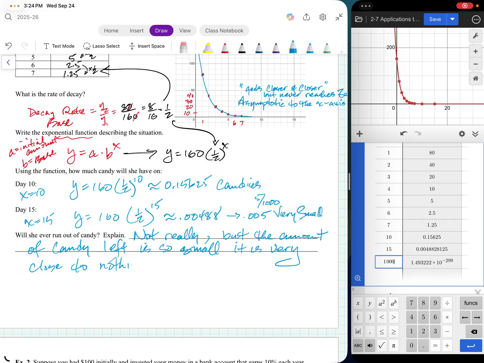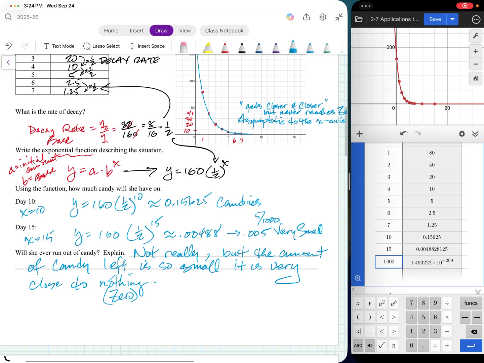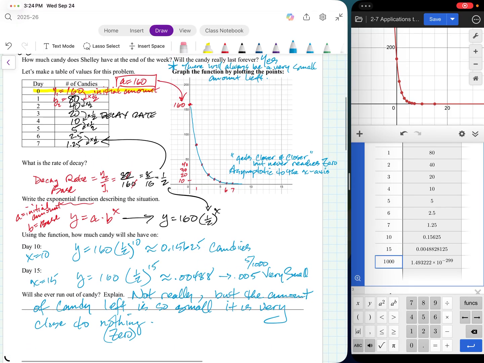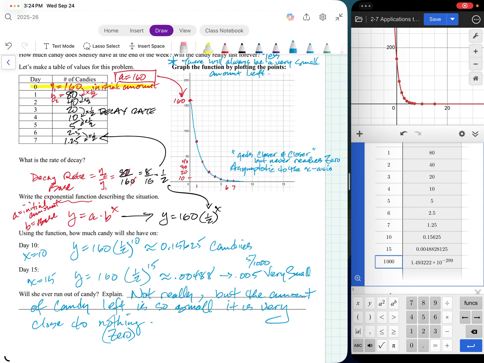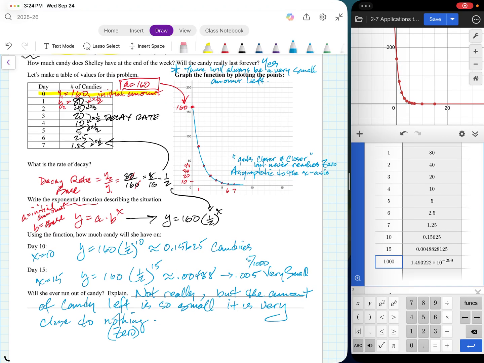So mathematically, in a situation like this, it will never get to zero because you always have half the amount remaining. But in reality, you guys, this amount is so small, she won't really be enjoying it for very long.